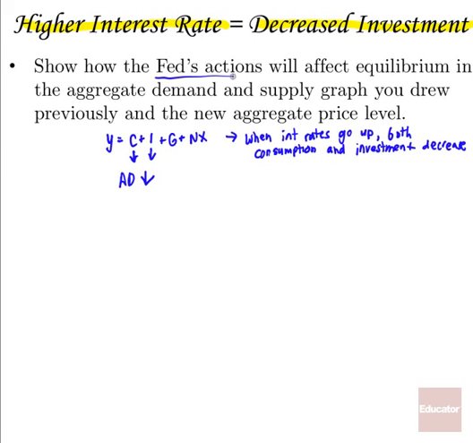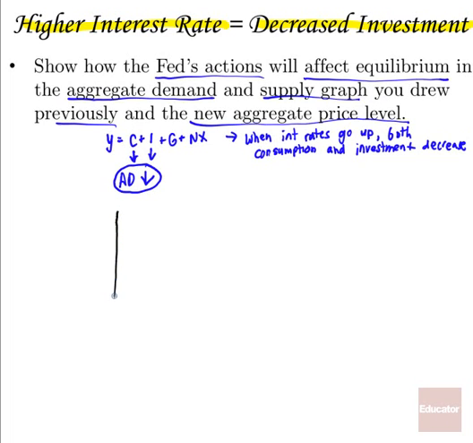Show how the Fed's action will affect equilibrium in the aggregate demand and supply graph you drew previously, and the new aggregate price level. So if the aggregate demand decreases, then what's going to happen to the price level and what's going to happen to the real GDP? Well, let's go ahead and find out. So you draw this graph accordingly.